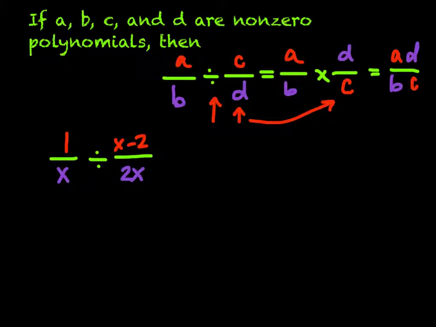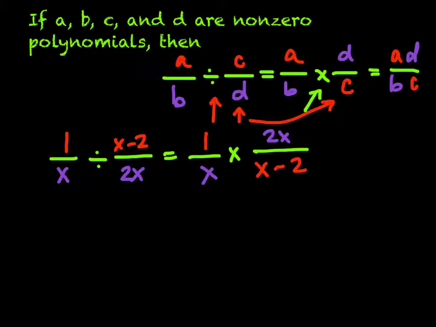So we're going to play around with this a little bit, and we're going to work ourselves through this first problem. We have 1 over x divided by x minus 2 over 2x. Looking at this problem, our first step needs to be the whole concept of multiply and flip. So we are going to say 1 over x times 2x over x minus 2.